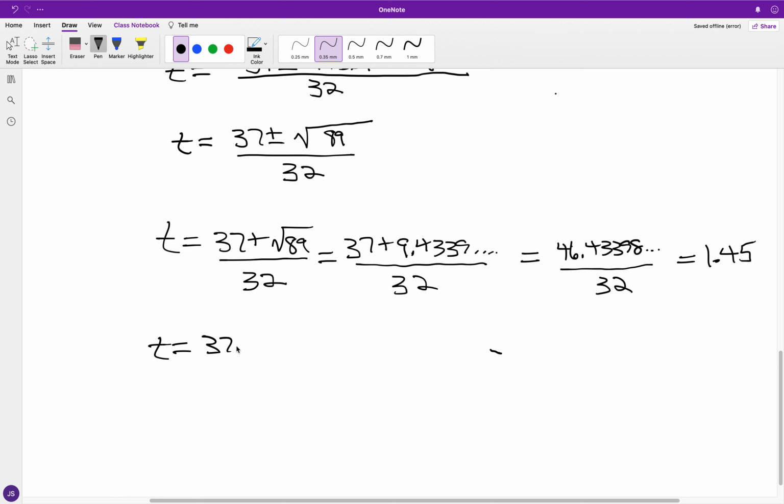And for what I have at the lower end, right now I got 37 minus the square root of 89 over 32. So this time I have 37 minus 9.4339 all over 32.